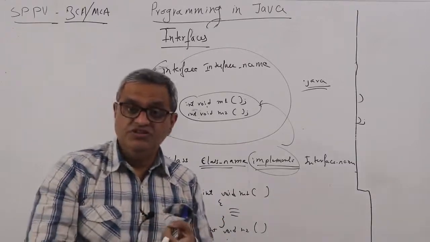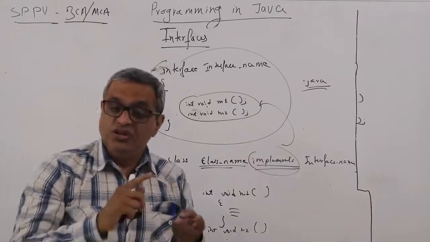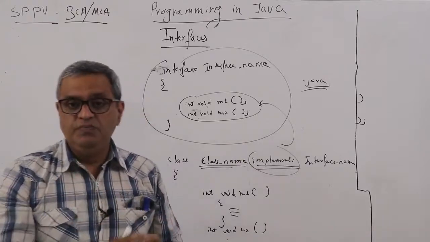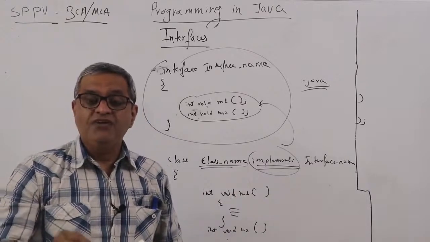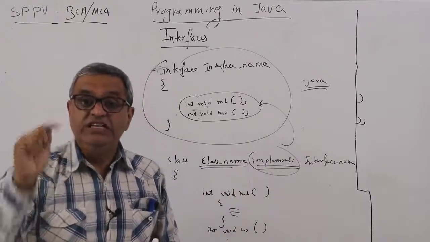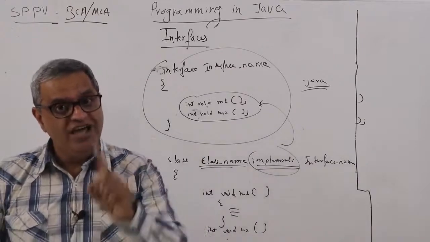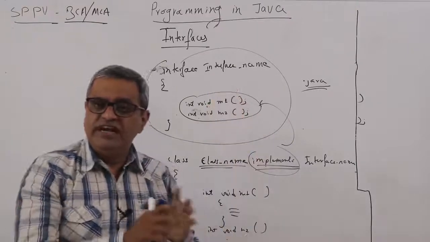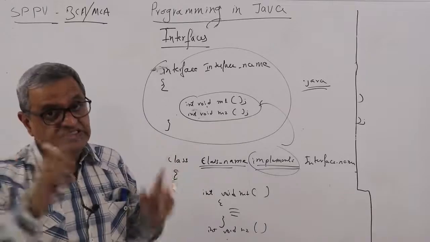If there is no constructor defined, it will have a default constructor, of course. So classes can be instantiated. Interface cannot be instantiated. Interface will not have details of instance methods. Interface will also not have any instance variables.